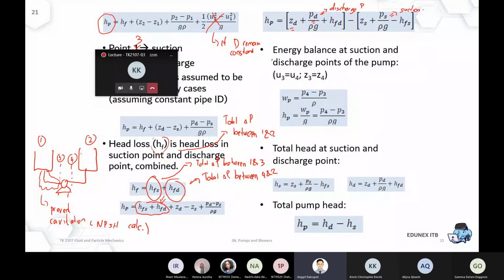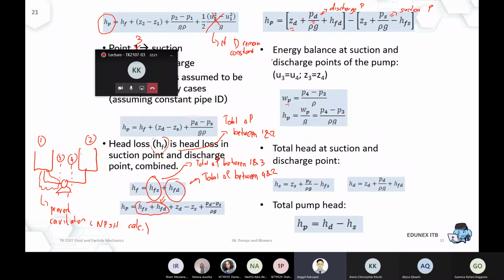Okay, and it's not the same with the destination and the source pressure, because there will be a pressure drop between 1 and 3 and between 4 and 2. So if we're just talking about the pump, now we can just compare the 4 versus 3 point.